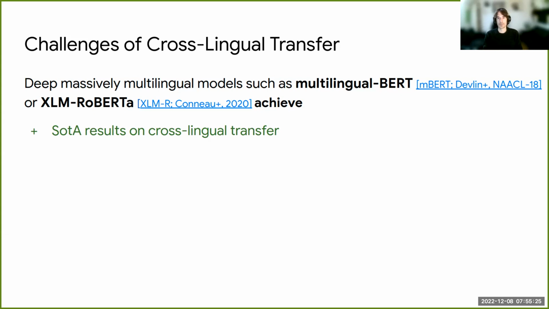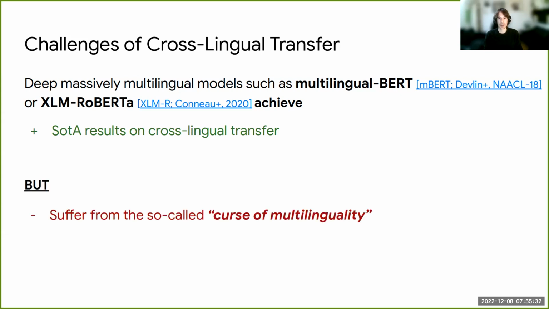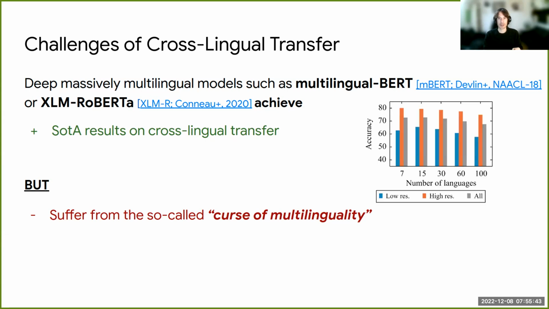So if you do full model fine-tuning and then do zero-shot cross-lingual transfer, you will get state-of-the-art results with big models. But the problem is that they do not provide equally good representations for many languages and suffer from something which is called the curse of multilinguality, which is basically an instance of catastrophic interference, because we are trying to distribute the fixed limited parameter budget of those big models to many languages.